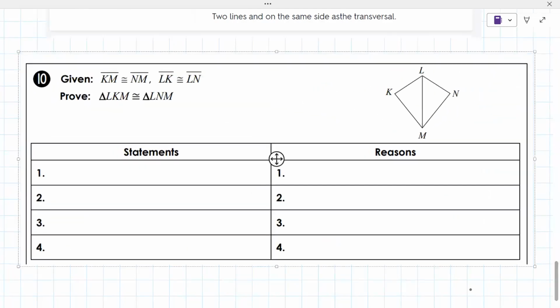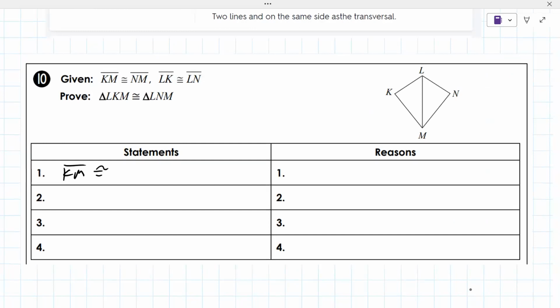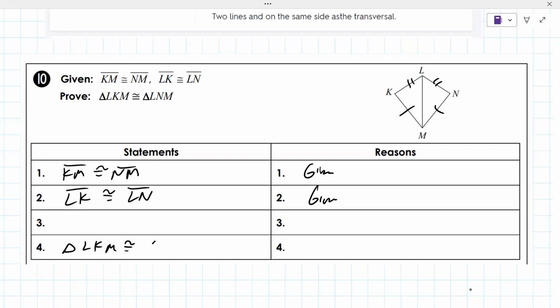All right, so KM congruent to NM, that's given. This is congruent to that. LK is congruent to LN. That's also given. All right, let's say we can put the proof statement down here.